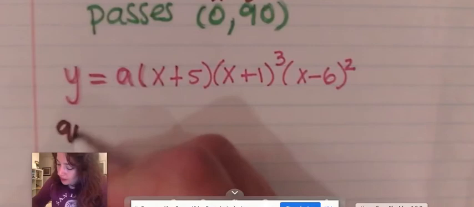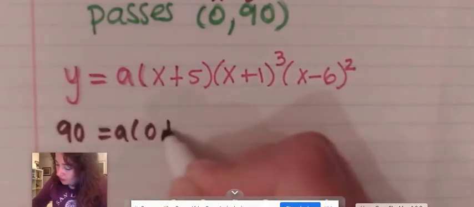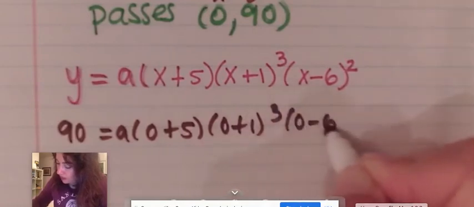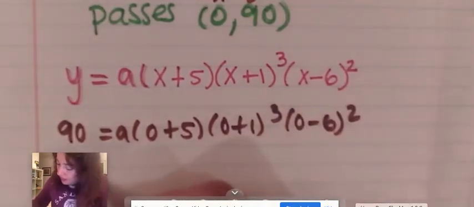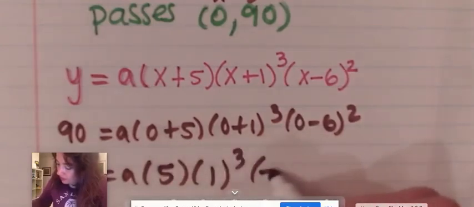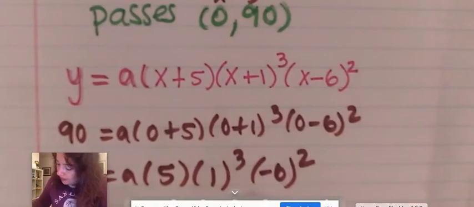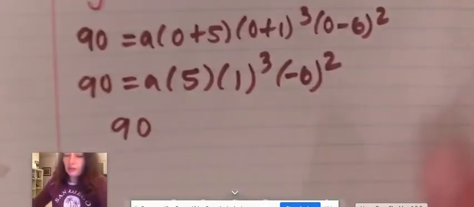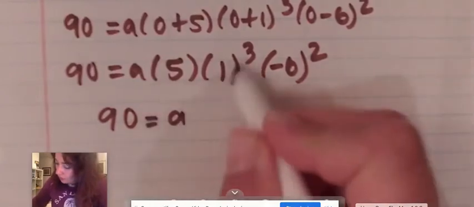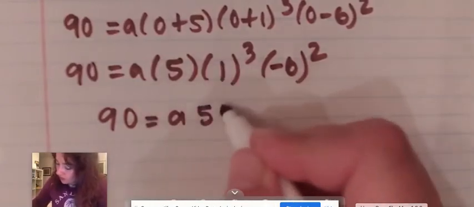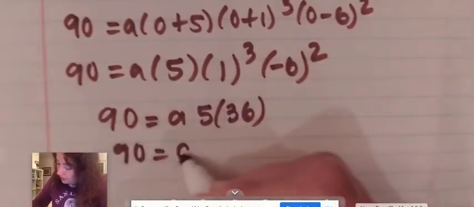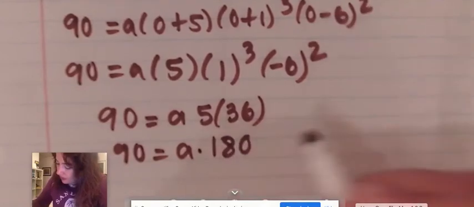So 90 is equal to a times 0 plus 5 times 0 plus 1 cubed times 0 minus 6 squared. And if I simplify that, I get 5 times 1 cubed times -6 squared. And simplifying this again, 1 cubed is just 1, so it will just be 5 times 36. And if we multiply that out, that works out to be 180.